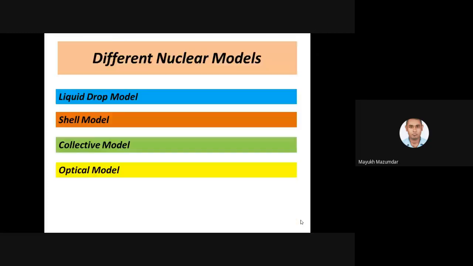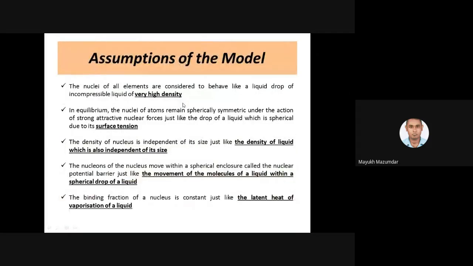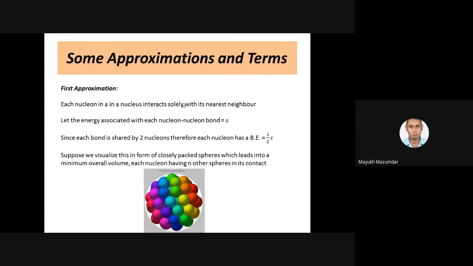Then we saw there are some models. We went through the names: liquid drop model, shell model, collective model, optical model. In our syllabus, we would be discussing the first two only. In the liquid drop model, we saw how the nucleus is compared with a liquid drop. Many analogies were drawn.